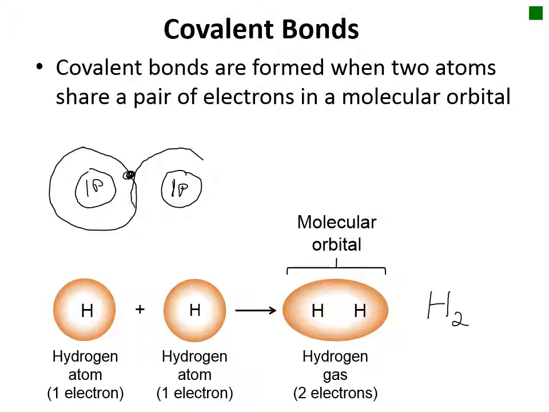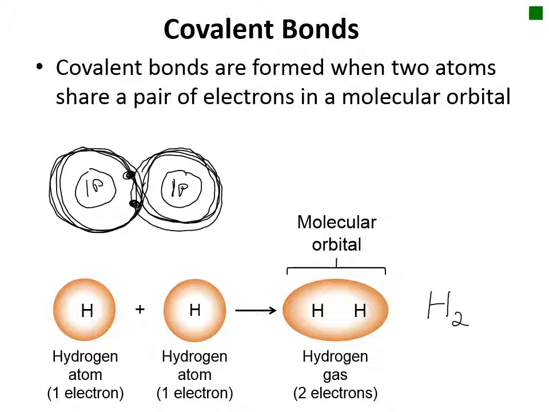So as the second hydrogen atom gets close enough to the first, they are both able to share their single electrons, which will then travel around both nuclei, sharing those electrons, filling the outer shell, and holding those 2 atoms together with a covalent bond.